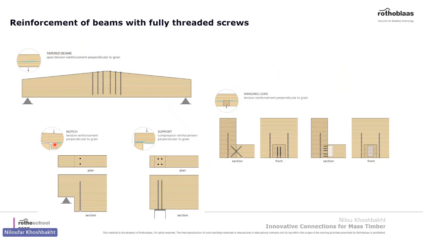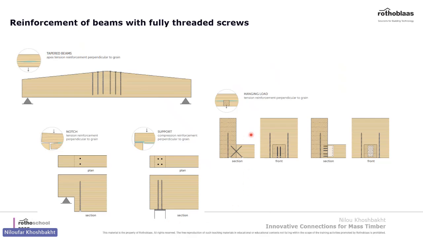So when we want to make sure it doesn't break like that, we use fully threaded screws to reinforce notches. Also, wood is less strong in compression perpendicular to grain, which is this situation. So whenever we have a support with less area for supporting the beam, you can use fully threaded screws to strengthen the area.